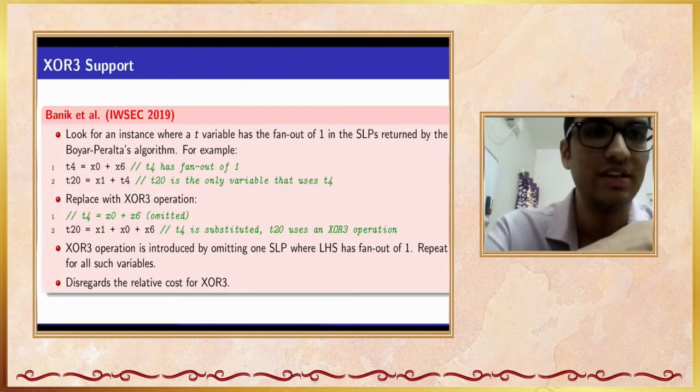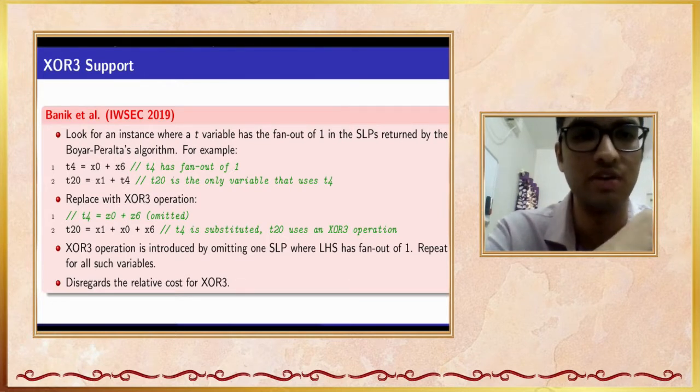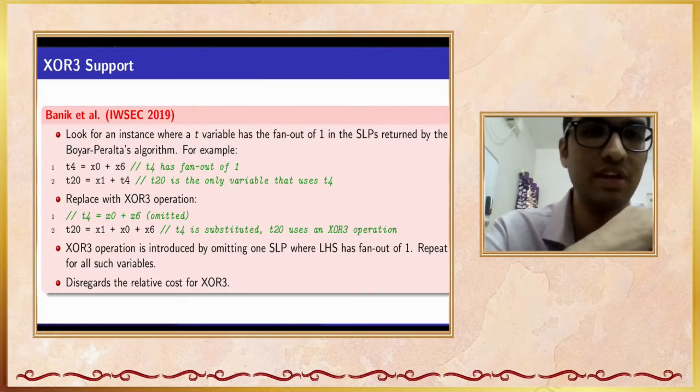In this section, I'll be discussing an adopted solution to add XOR3 support to the BP algorithm. This was proposed by Banik et al. at IWSEC 2019. So this is a post-processing algorithm where we take an SLP returned by the BP algorithm with XOR2 gates only, and then add XOR3 support later on. The first step is to look for all instances of T variables in the SLP which have fan out of 1.